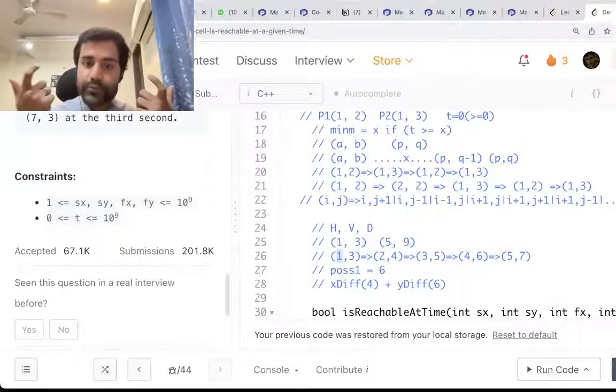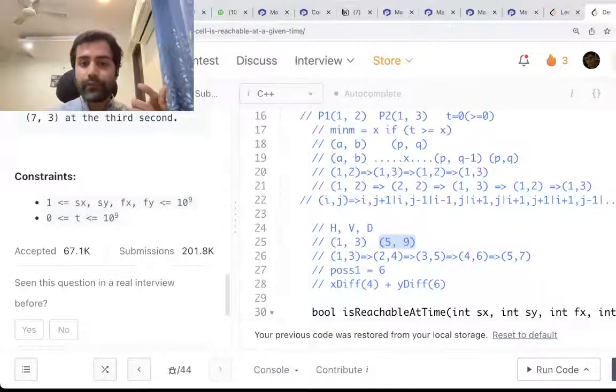But in that situation, I would be lying in the same horizontal line as this. So at that point, whatever is the difference between this value and the new x coordinate that I have, that needs to be added to the number of steps that I already took. So that is going to be the simple idea.